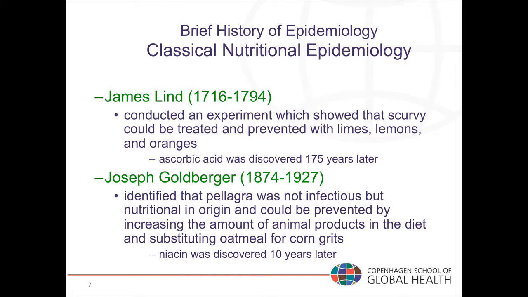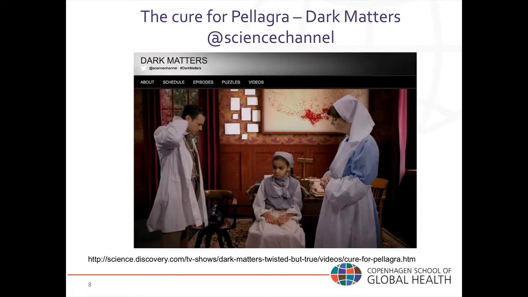And actually he wasn't very successful on doing that. His quest and discovery and how much that was against the evidence was recently dramatized in a series called The Cure for Pellagra on the Science Channel.